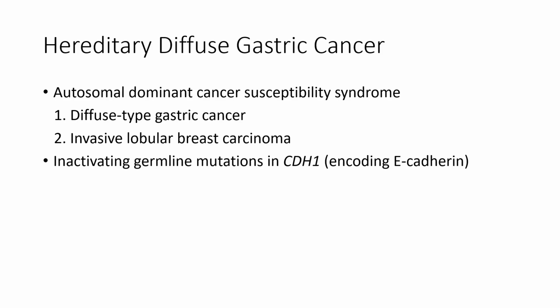E-cadherin is a cell adhesion protein. So mutations in E-cadherin lead to loss of cell adhesion, thereby increasing cell motility and therefore increasing susceptibility to develop diffuse type gastric cancer and invasive lobular breast carcinoma.